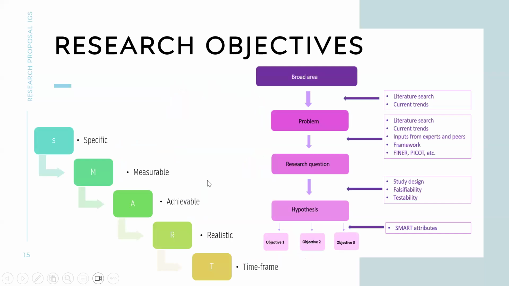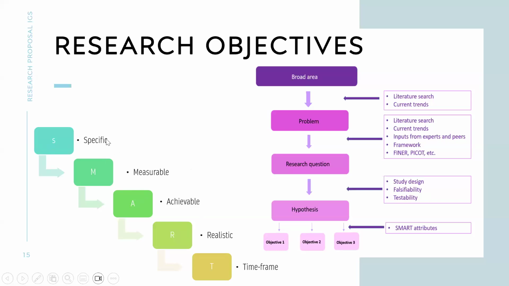Okay, so how to come up with the research objective? Definitely for research objectives, we refer to the SMART attributes. Your research objective should be specific. S is specific, M is measurable, A should be achievable, R realistic, and T time frame. Why is it specific?